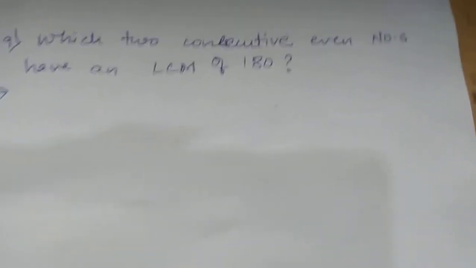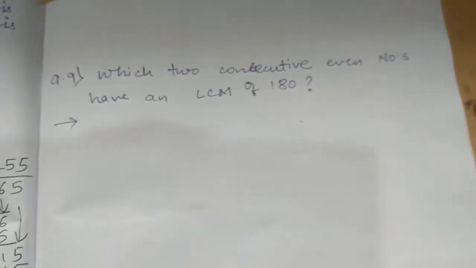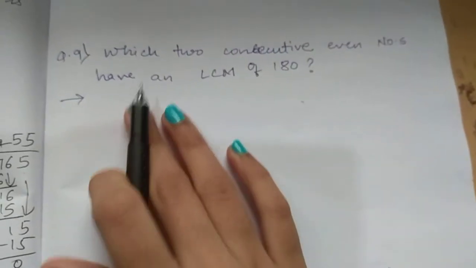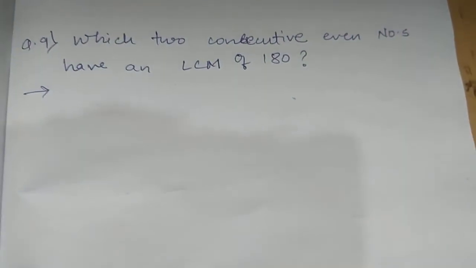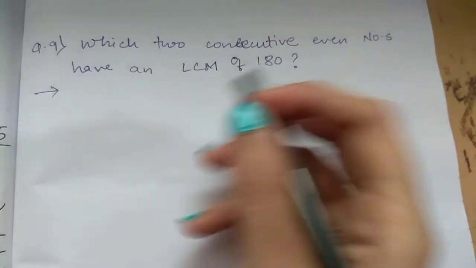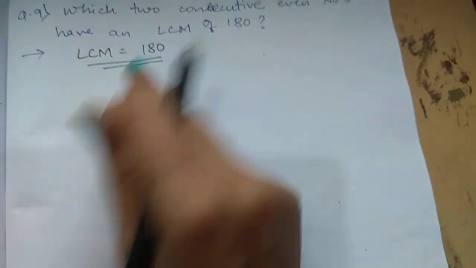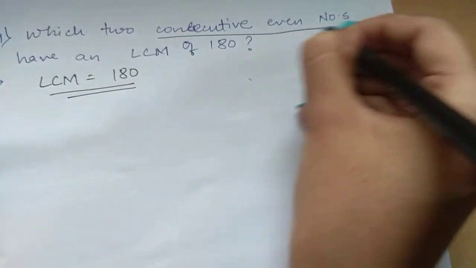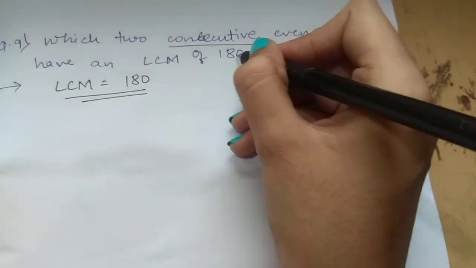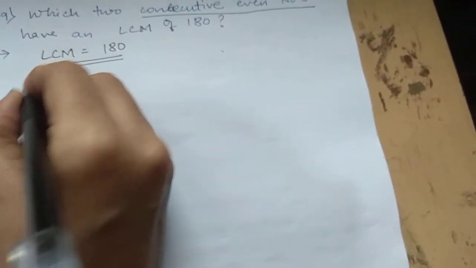Okay. Question number 9. Now this is little bit a tricky one, but very simple. It says which two consecutive even number can have an LCM of 180. From this we have only one information, that LCM of two numbers is 180. It says two consecutive even number. Consecutive means which come one after another.